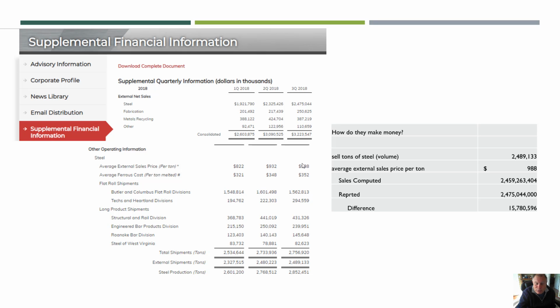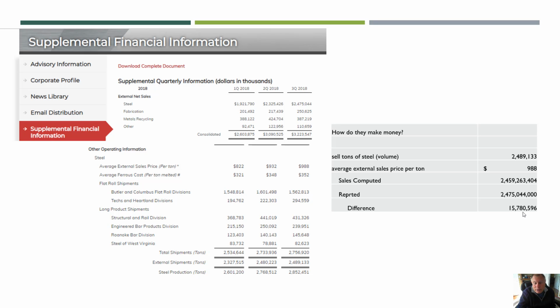So if this is the sales price per ton, I had to look at how much tonnage they produced, because here I see a volume; tons are a volume. Here is a per ton sales price. So I can come here and say, okay, tons of steel, 2,489,000 right here, $988 a ton, and my computed sales and my reported sales.